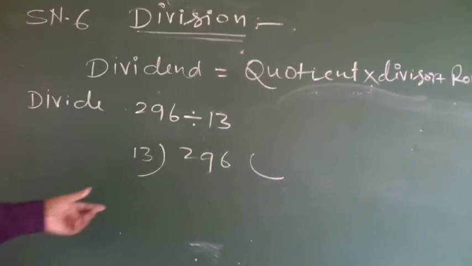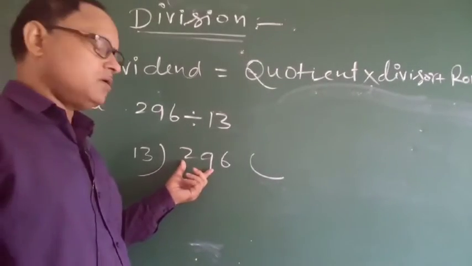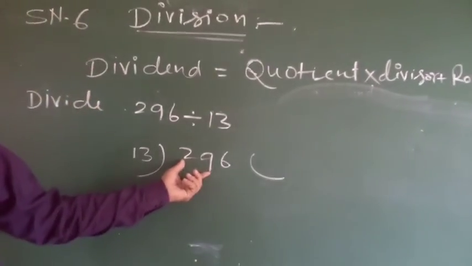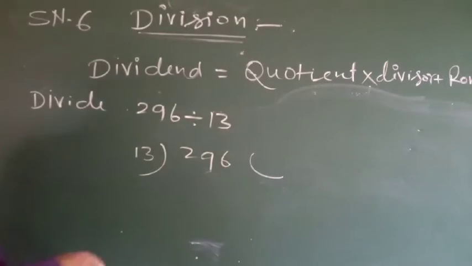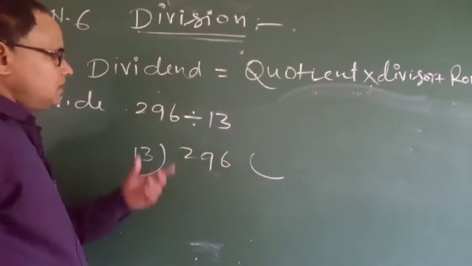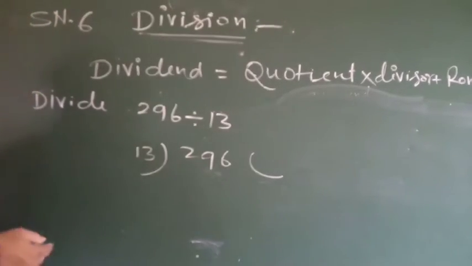How many times do we read the table of 13 which is not more than 29, 29 or less than 29 but not more than 29? 13 threes are 39 which is not suitable because it is more than 29.